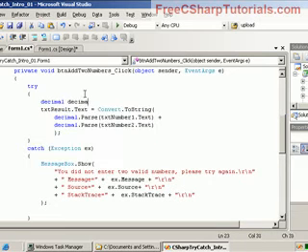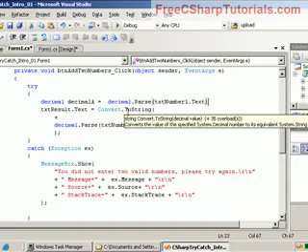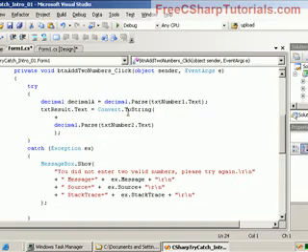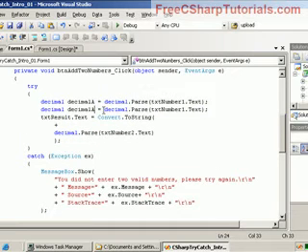decimal A equals this. I'm going to copy paste that line. I'm going to say decimal B is text number 2. So now here I'm simply going to say then, this will be a little bit easier actually.